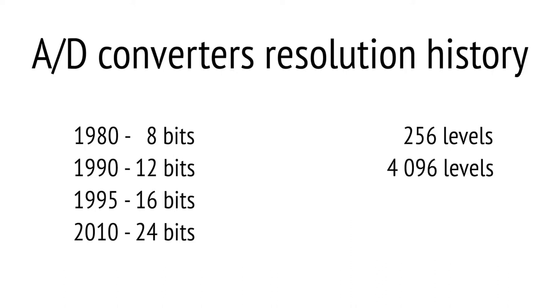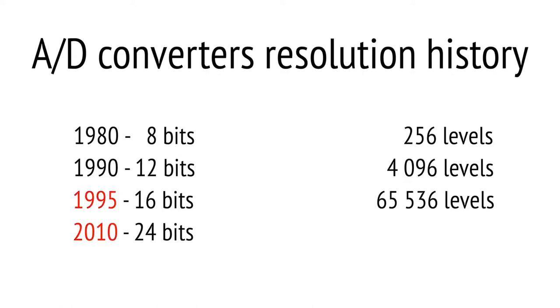12-bit converters work with plus 2000 levels and minus 2000 levels, together 4000 levels. 16-bit converters work with more than plus 32,000 levels and minus 32,000 levels, together more than 65,000 levels.